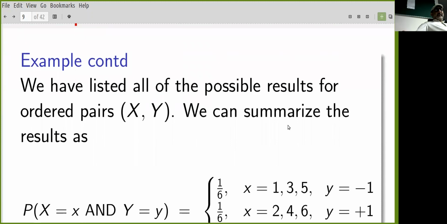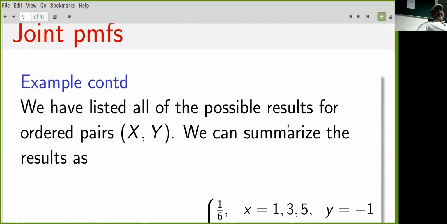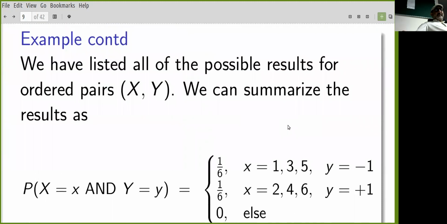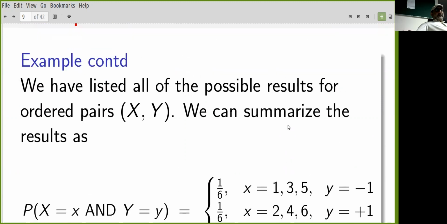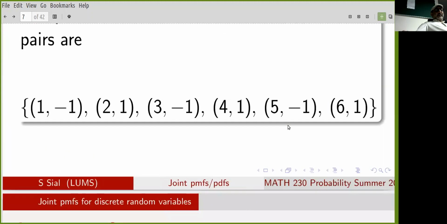Okay. Now that we listed all the results, let's see what we can conclude. So, what's the probability of this one, (1, -1)? Right. I'm getting x is equal to 1 and y is equal to -1. What's the probability of that?